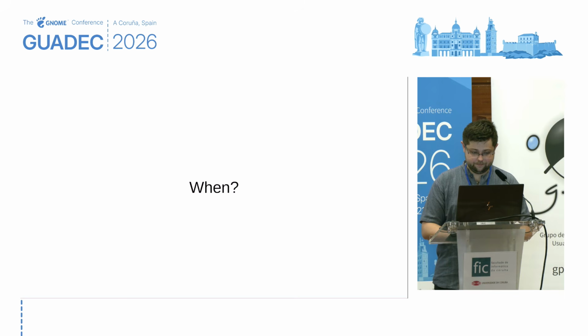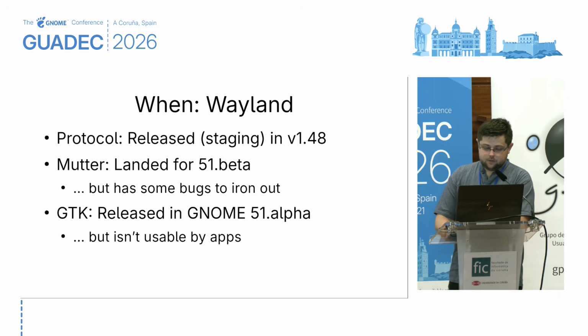Now, yeah. So when's all this landing? So the Wayland bits are mostly there. The protocol's been released. It's a staging protocol, which means it's ready for use by toolkits and compositors and all that. The Mutter side of this landed in 51.beta.